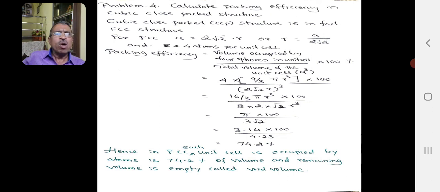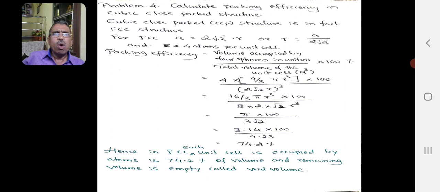You know the value of A is 2 root 2 into R, this raised to 3, for FCC system. If you simplify this, I get 74.2%.